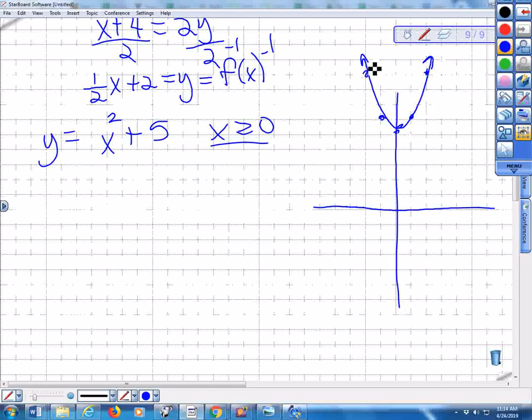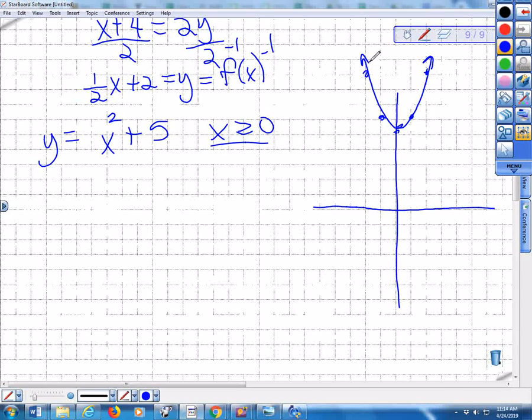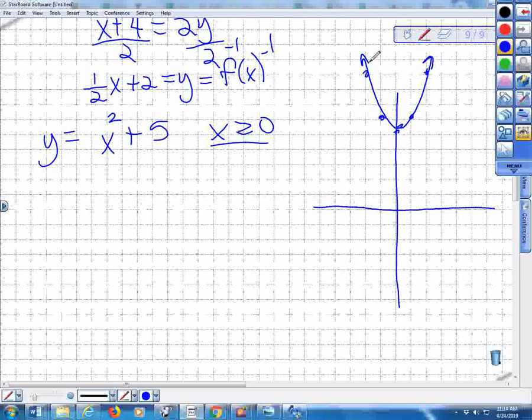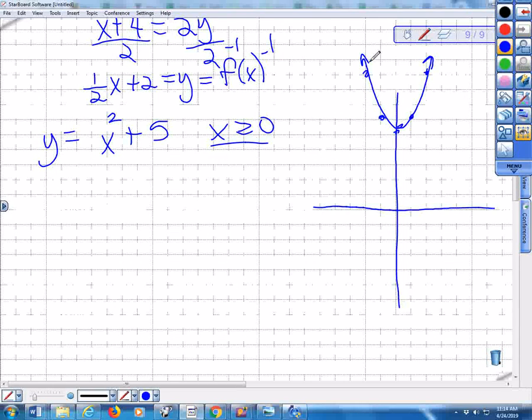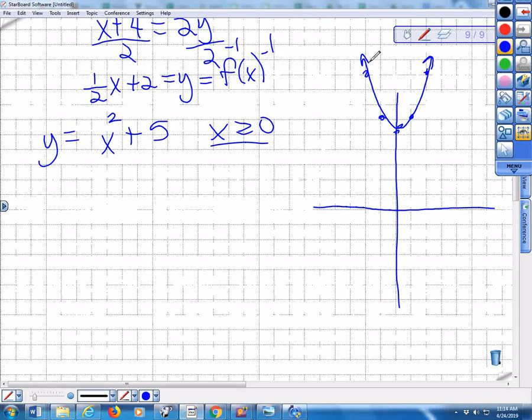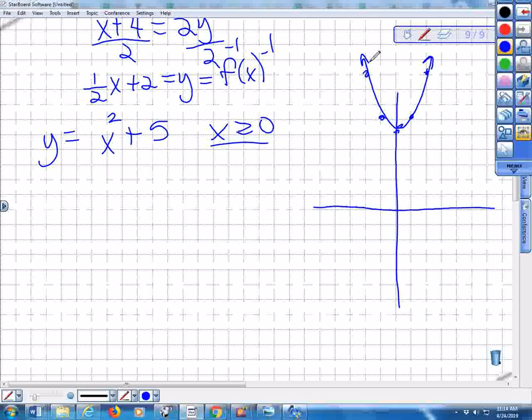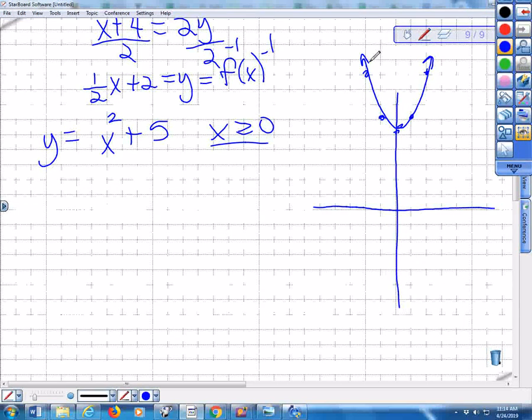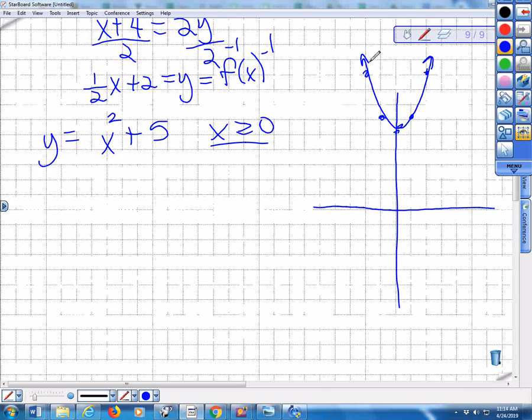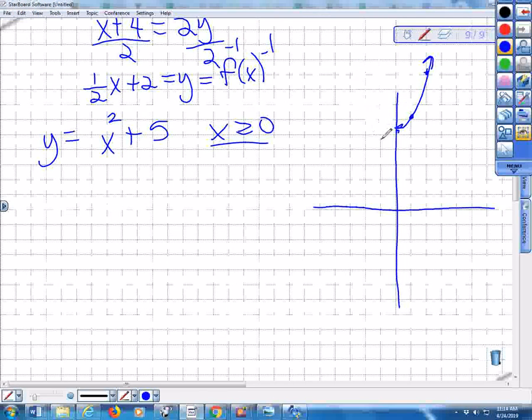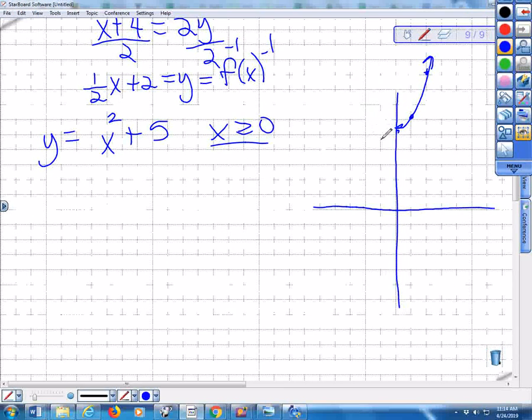So that's the graph of x squared plus 5. If I find the inverse of it, that inverse is not a function because it won't pass the vertical line test. So in order for me to take the inverse, I've got to restrict my domain. And they're telling us that they restricted it to x is greater than or equal to 0. So they just want us to find the inverse of this function.